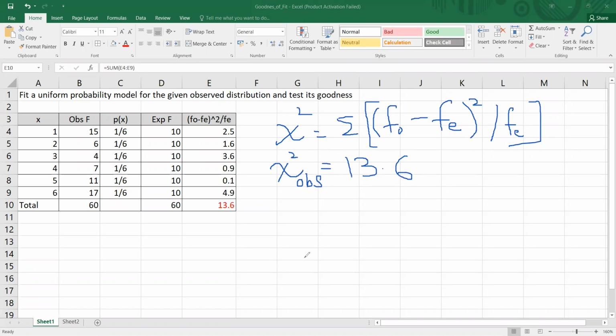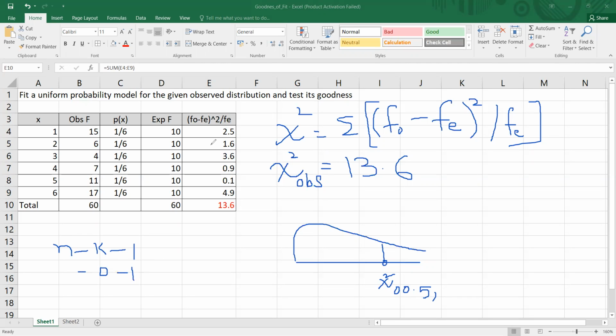Now we have to construct a critical region. For the critical region, chi-square 0.05 with the degrees of freedom, always the right tail is to be used. The degrees of freedom is n minus k minus 1, and the value of k is 0 in this case because I have nothing estimated by the sample.